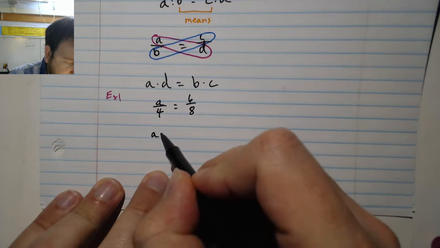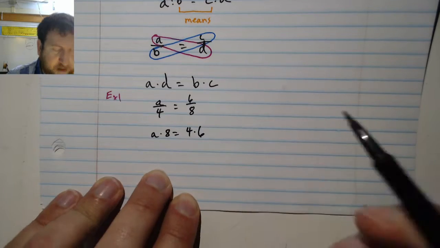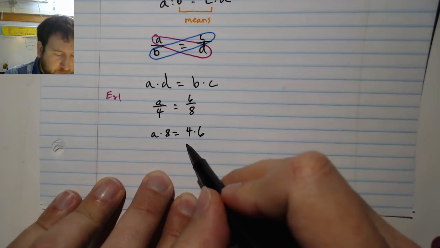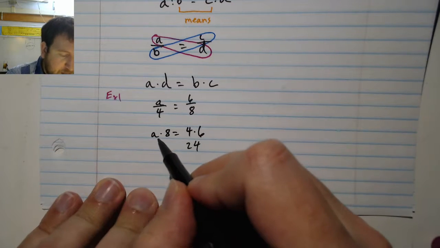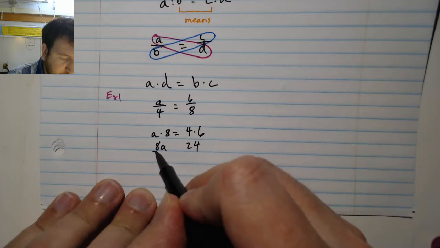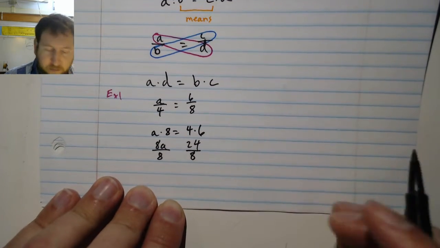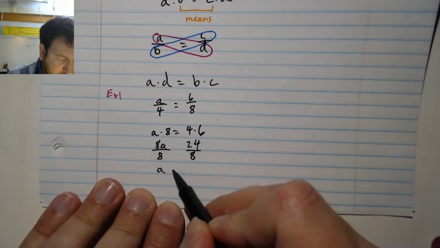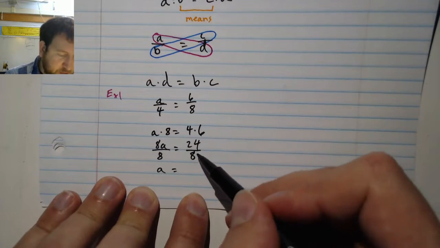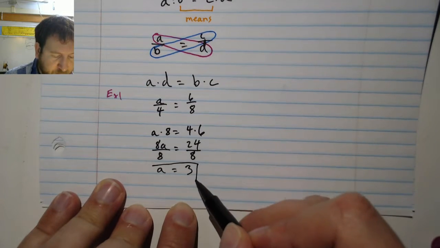So A times 8 equals 4 times 6. 4 times 6 I know to be 24, and this would give me 8a. I can then divide both sides by 8, which would give me a equals 24 divided by 8, which is 3.